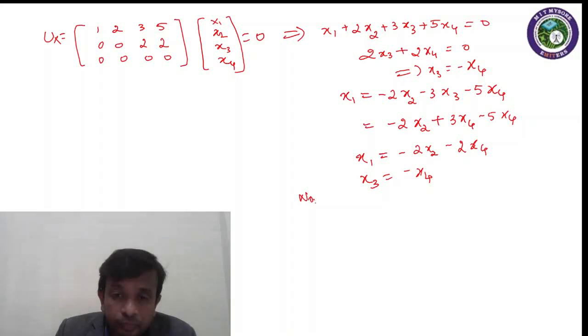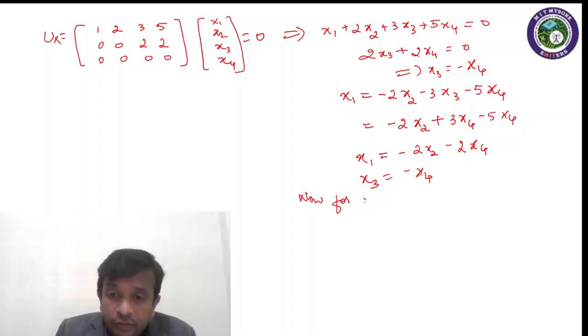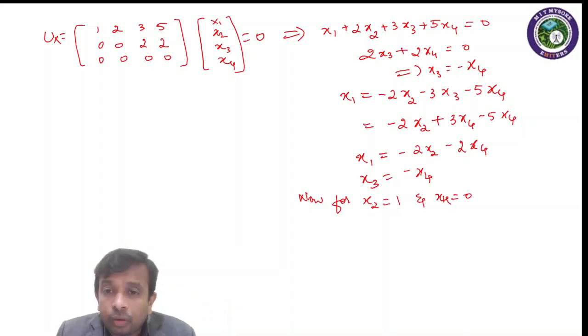Now, for x2 equal to 1 and x4 equal to 0, we get x1 is equal to minus 2 and x3 is equal to 0.